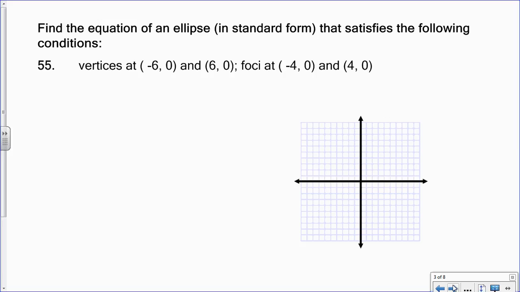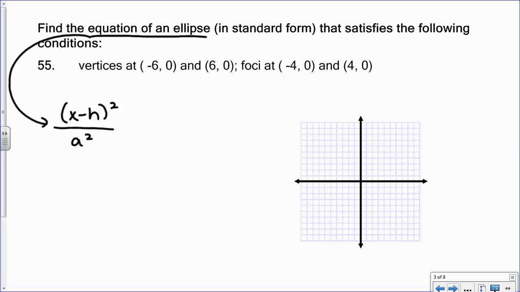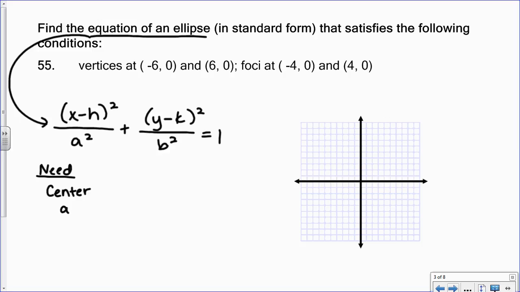First of all, the equation of an ellipse looks like this. So I need the center, and I need A and B.